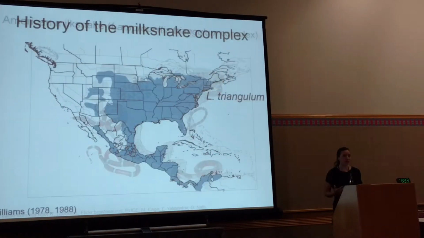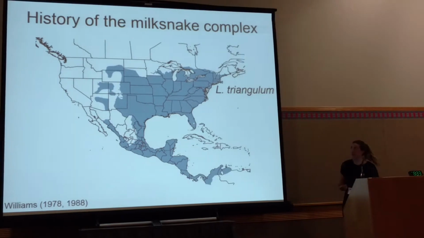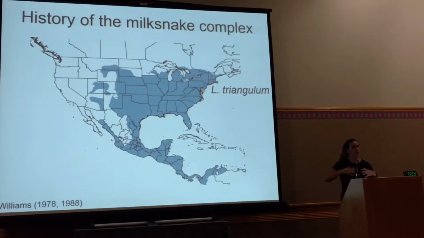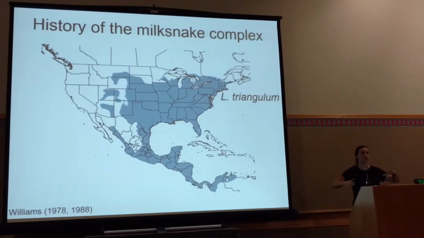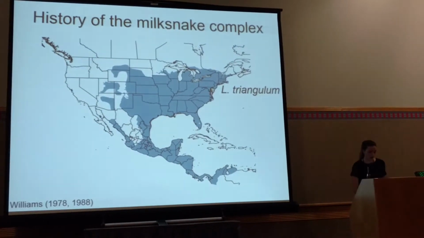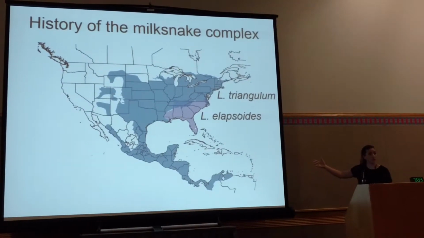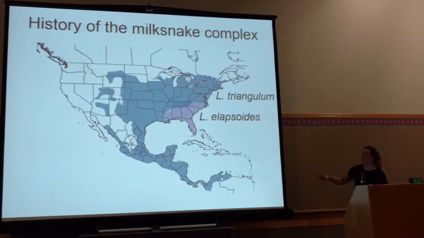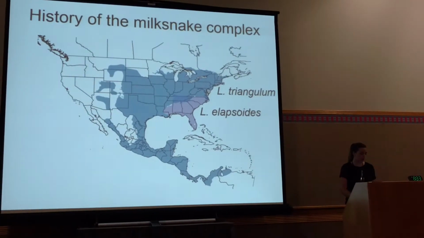And historically, the taxonomy of this group has changed quite a lot. So some authors, like Williams, thought that triangulum was just one widespread polytypic species with different races represented as subspecies. Many other authors recognize the distinction of Lampropeltis elapsoides, or the scarlet kingsnake. You can see there's a wide area of sympatry here where the two don't interbreed.